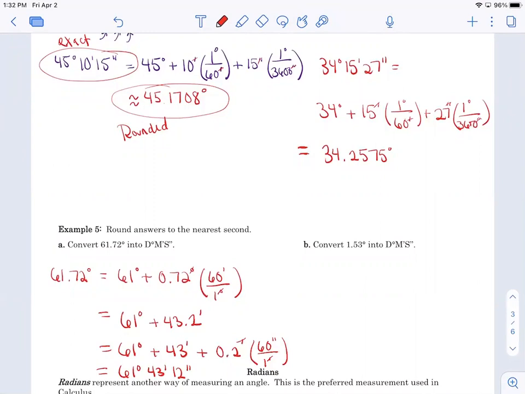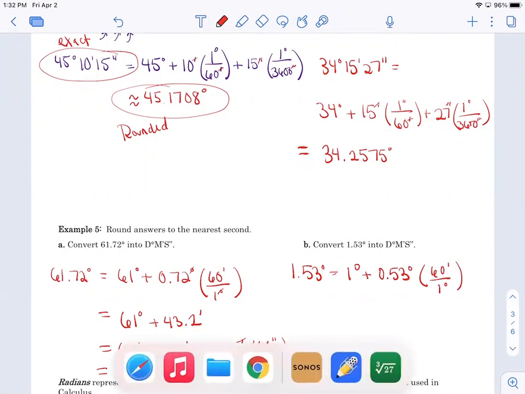All right, let's try one more. 1.53 degrees. We know we have a full degree, but we have this decimal left over of degrees, and we're going to force it to go into minutes. There's 60 minutes in 1 degree.